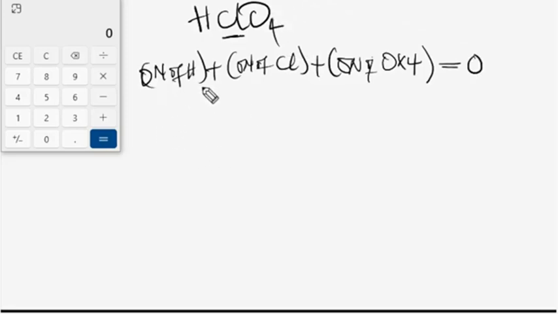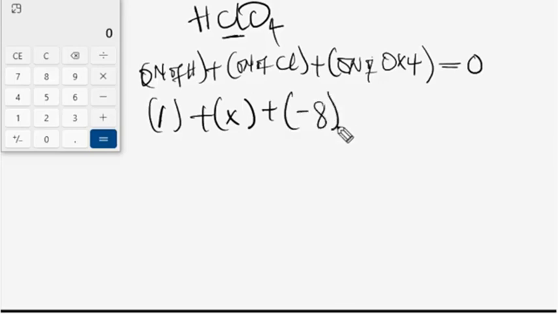So for the oxidation number of hydrogen, we know already that's going to be plus 1. So that will be 1, then plus, let's call that of chlorine X, and then plus, oxidation number of oxygen is actually -2, then times 4, that's -8 here further. So we're going to equate this to 0.